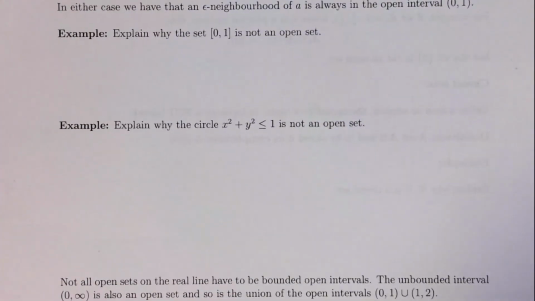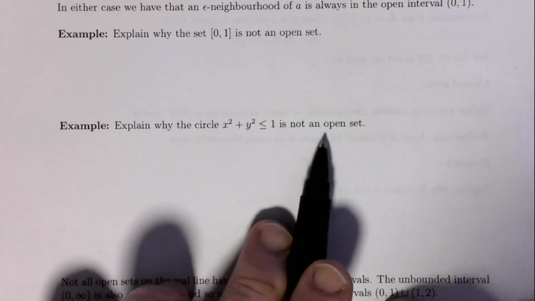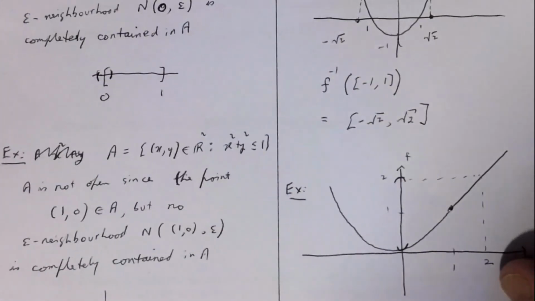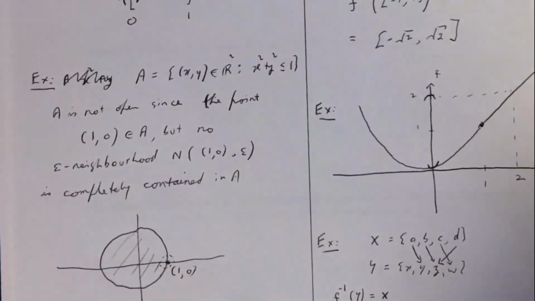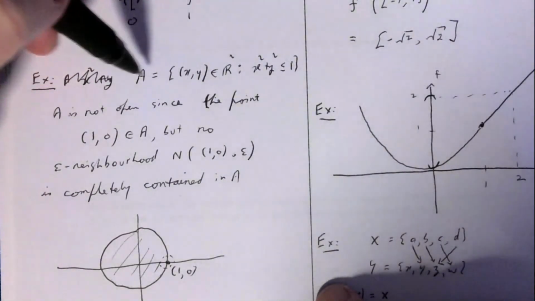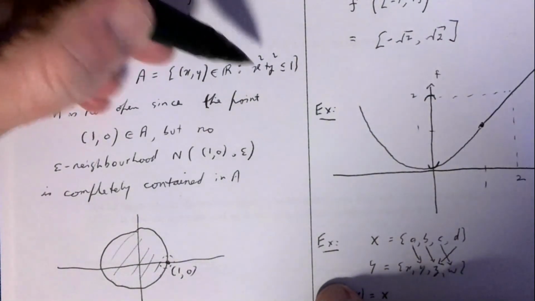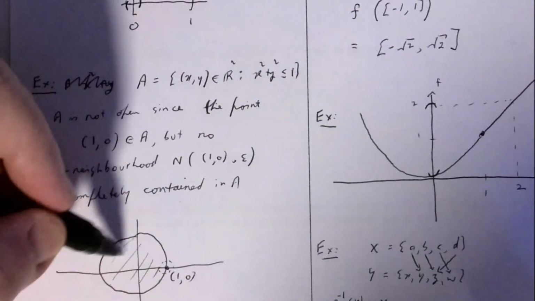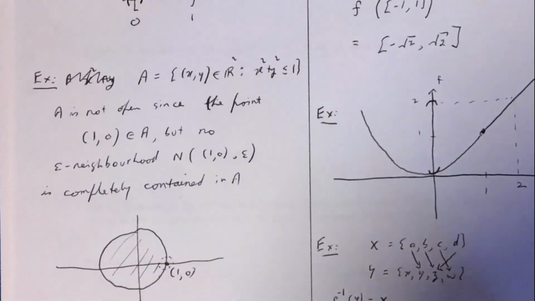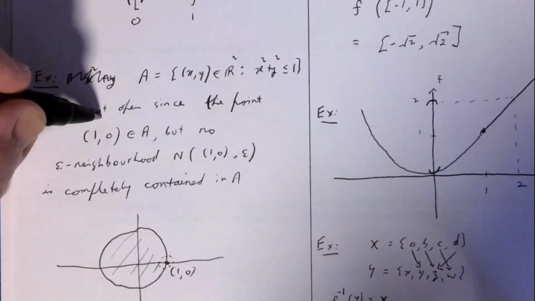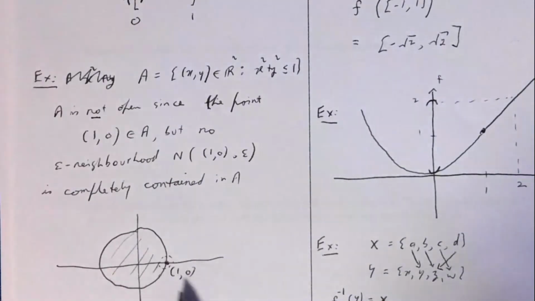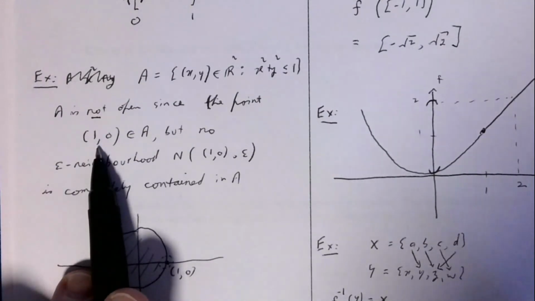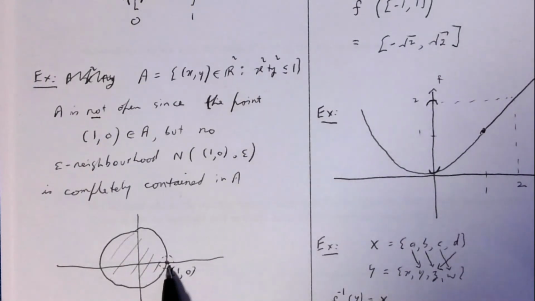Also, the circle with the boundary included is not an open set, as we mentioned before. And here's a little explanation of this again. So the set A now is all the points in the plane where x squared plus y squared is less than or equal to 1. So that's this set here containing the boundary. Now A again is not an open set, since the point (1, 0), and I could have picked any point on the boundary, but it's sufficient just to pick one point, so I'll pick the point (1, 0) on the boundary.